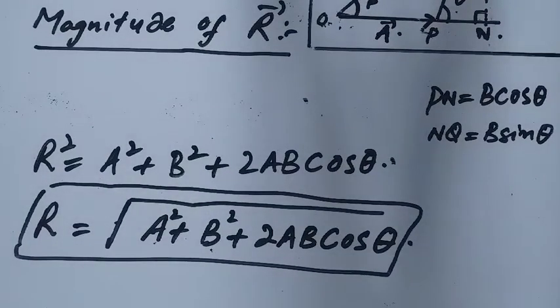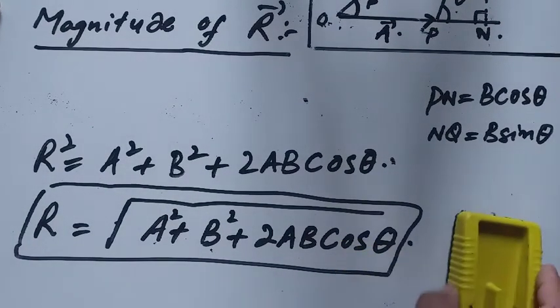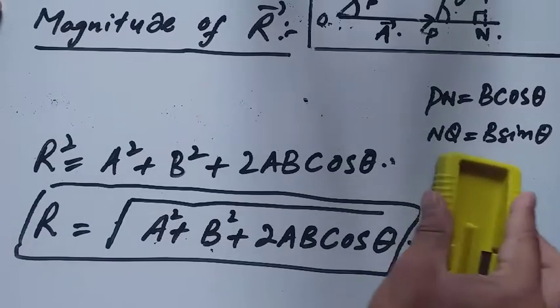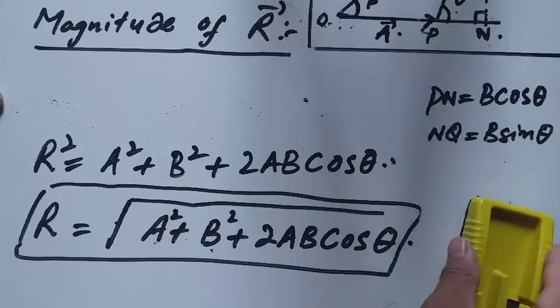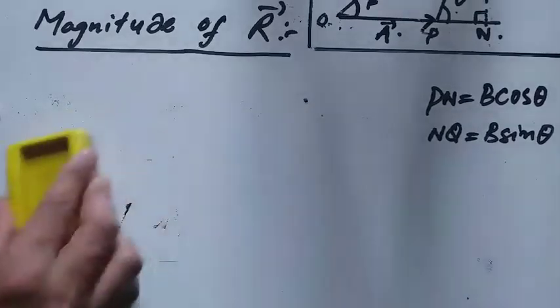All right, remember this equation. Now we are going to find the direction of this R. This is the magnitude of this R in case of triangular law of vector addition, and we get the same result in case of parallelogram law of vector addition also. This does not make any difference. These two are equivalent.